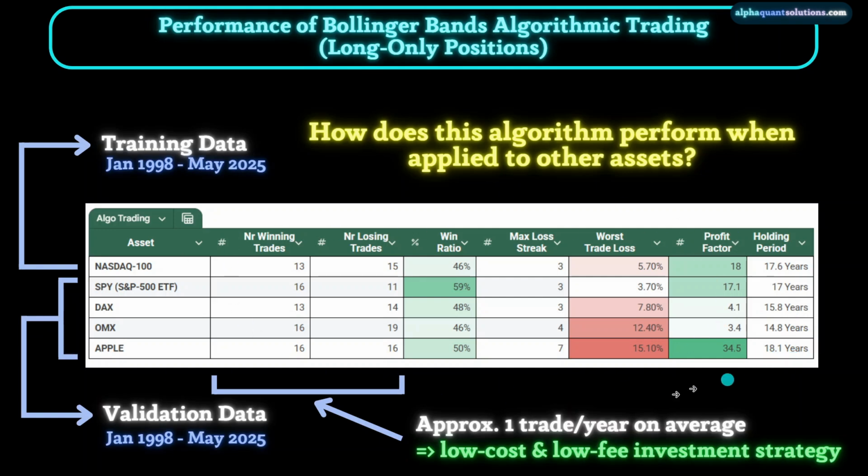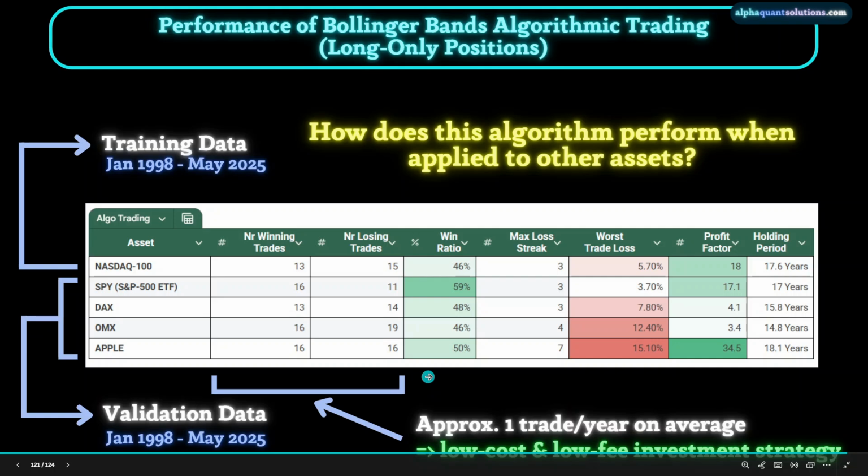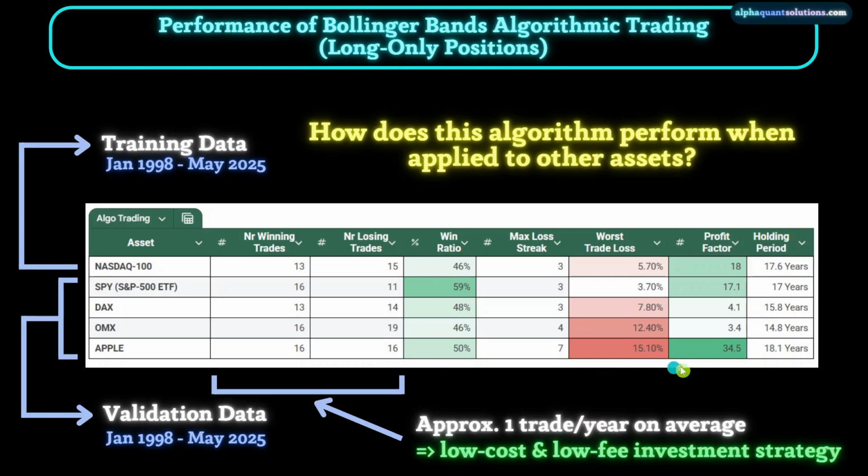But looking at these results, even though Apple has a huge profit factor, it also comes with a big liability, a worst trade loss of 15%. So looking at these 5 rows, if we were to trade this algorithm live with real capital, we would probably only stick to the first 2 assets, the Nasdaq-100 and the S&P 500 ETF.